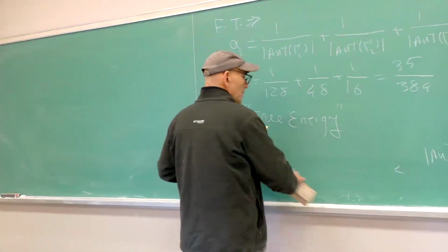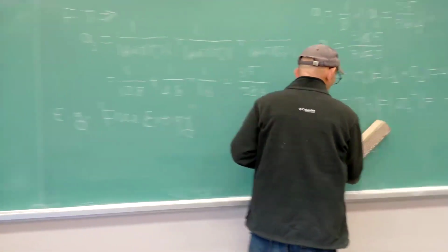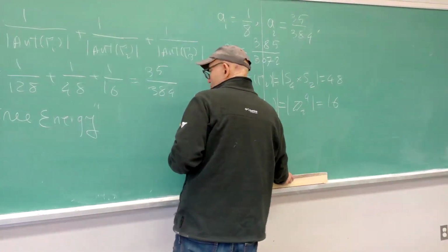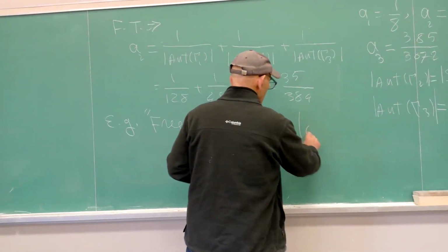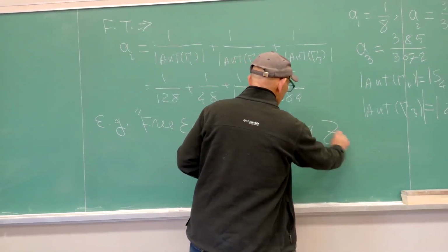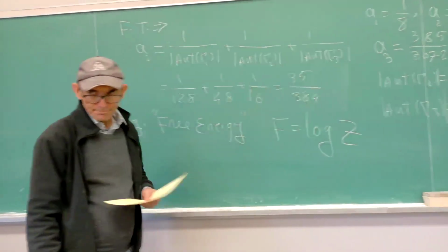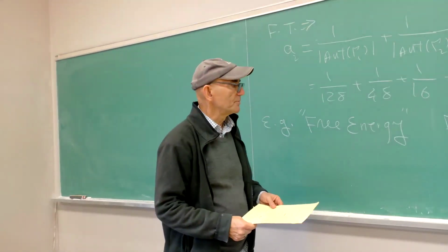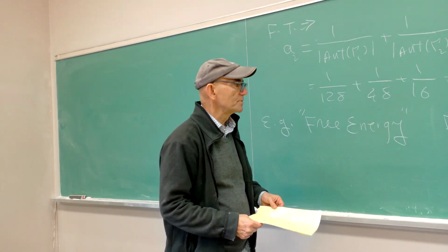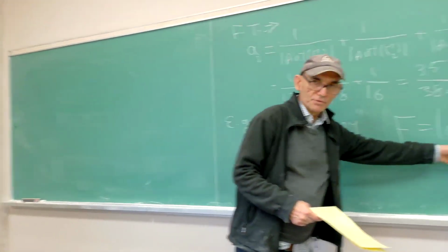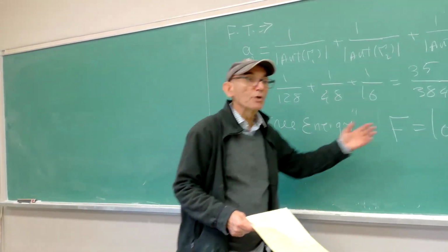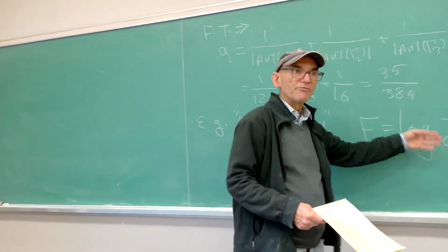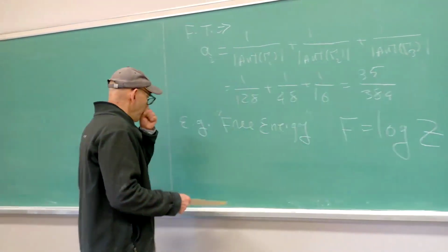What it is really is the log of the partition function. So we denote F equal to log of Z. This is a quantity of interest, even more than the partition function. And so one question is, what do we mean by log of this expression? This is a formal power series, right?